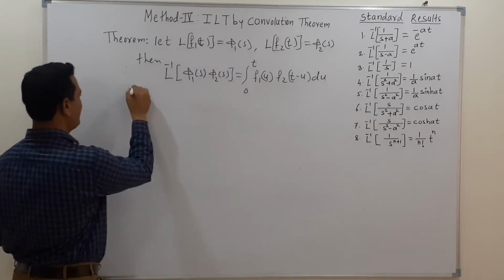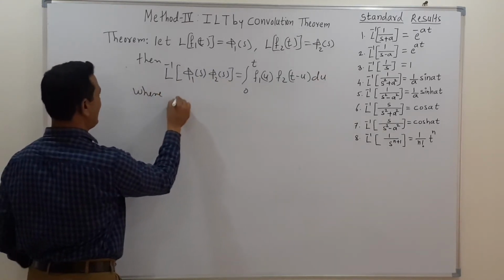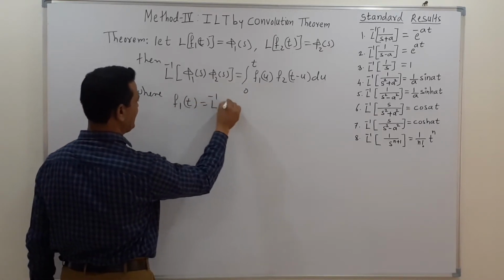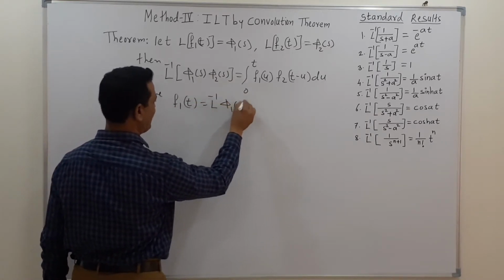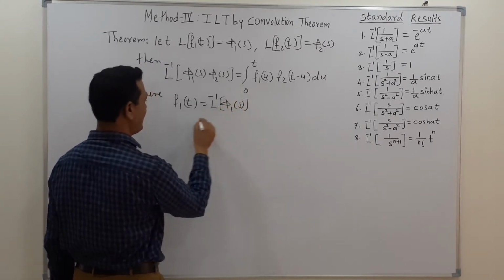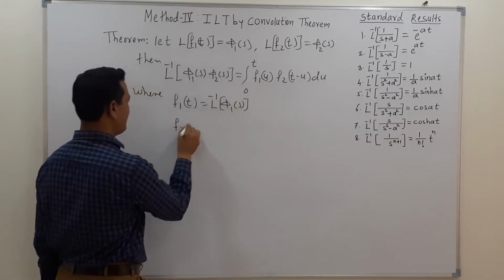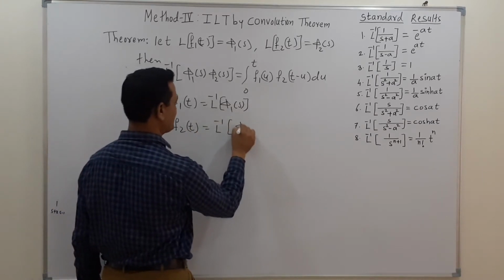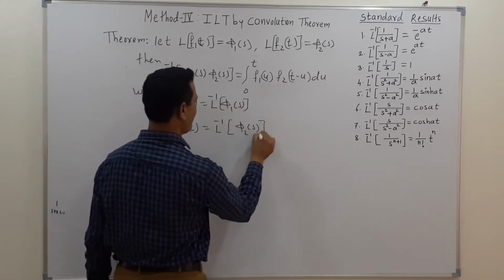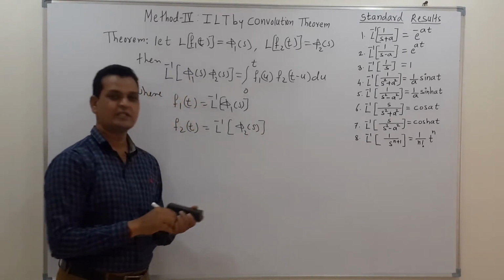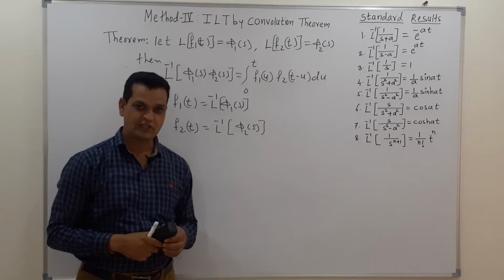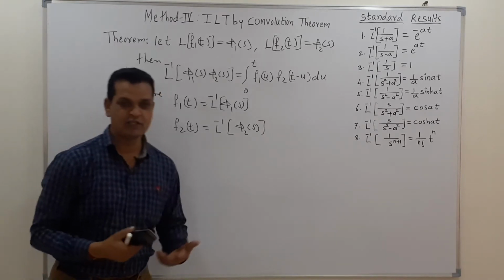Here, f1 of t is the inverse Laplace transformation of phi 1 of s, and f2 of t is the inverse Laplace transformation of phi 2 of s. So this is called the convolution theorem for the Laplace transformation. Once again I will repeat the statement.